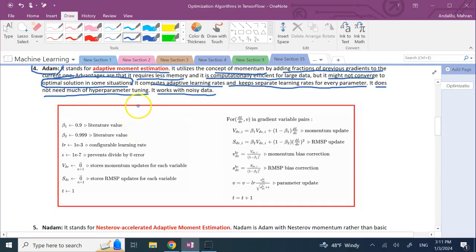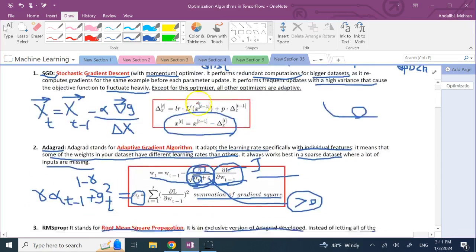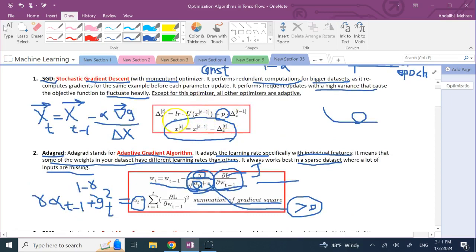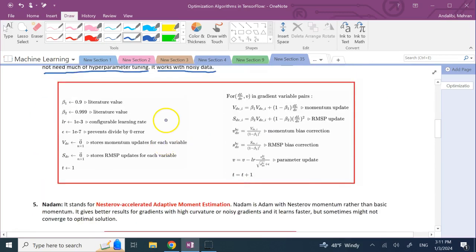So what is this algorithm? Now, it needs a little bit more than some simple p or learning rate, okay? It needs a little bit more, but let's see how it acts on that. So what do you need? You need a parameter beta 1, which is a parameter you have to choose. You have another parameter beta 2.